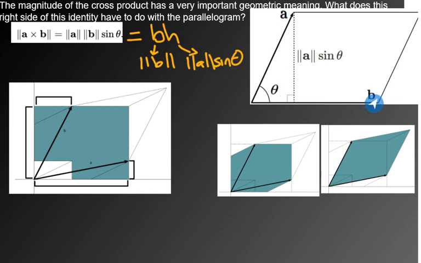And so the base is just the magnitude of that vector B. And then you can get this using a little bit of trig. The sine of this angle would be this over this. So if you rearrange that, you get that the height of this parallelogram would be the magnitude of A times sine of theta. So really when I look at that, I just see it as base times height, with that part being the base and that being the height.